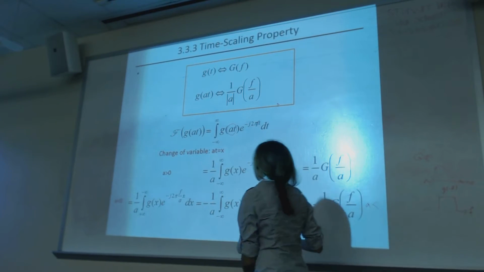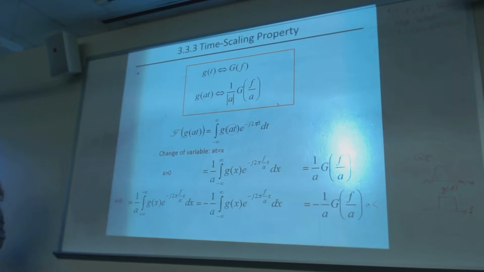Okay, good. So basically we proved that if I scale my signal in time, my frequency domain signal is going to be inversely scaled. So let's see one example again.